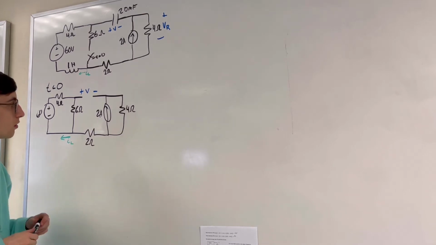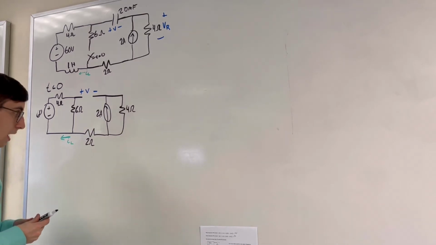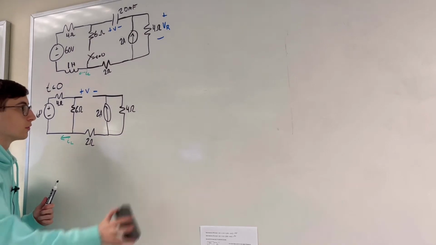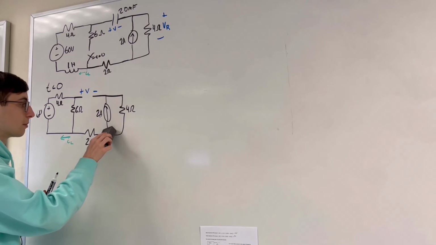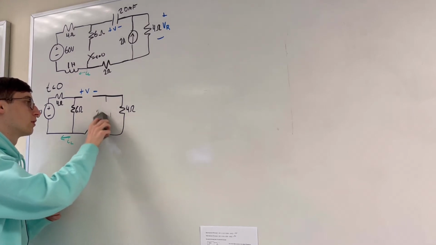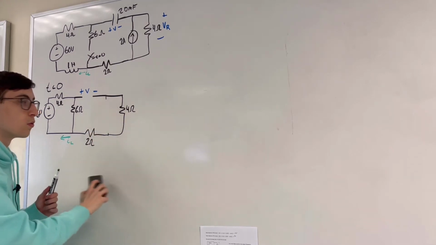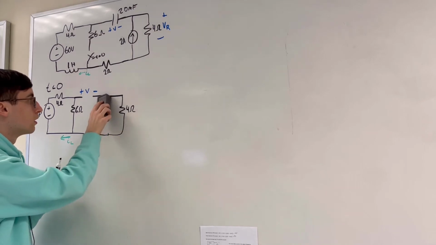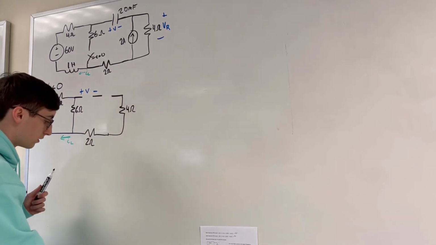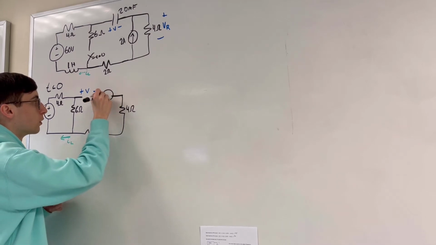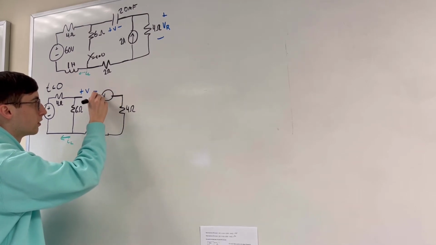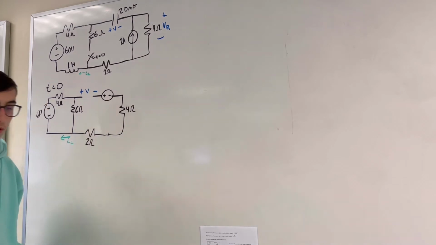What I'm going to do is some source transformation over here because I don't really like this 2 amp current source in parallel with that. I just want to make pretty much just one big loop. So I'm just going to erase that. And just using Ohm's law, we're going to have a voltage source just like that.